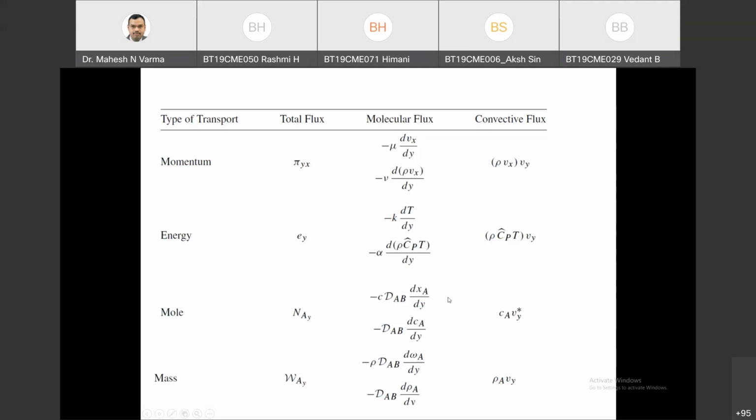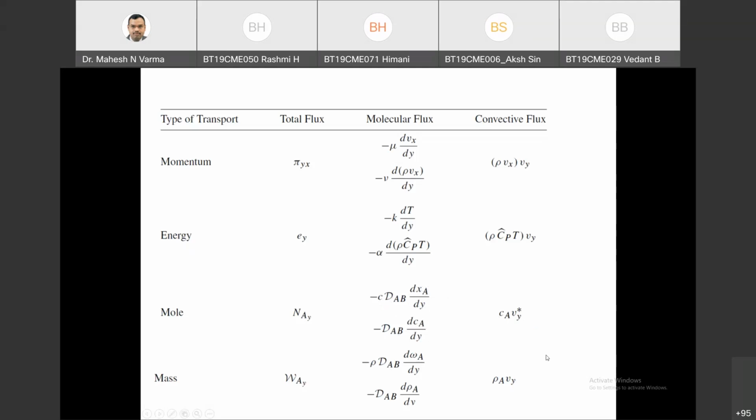Gradient of concentration, or gradient of mole fraction into concentration, and the transport property is diffusivity. The gradient of concentration itself is the gradient of quantity per unit volume, so diffusivity into Ca Vy star. This will be a mole average, this will be a mass average.